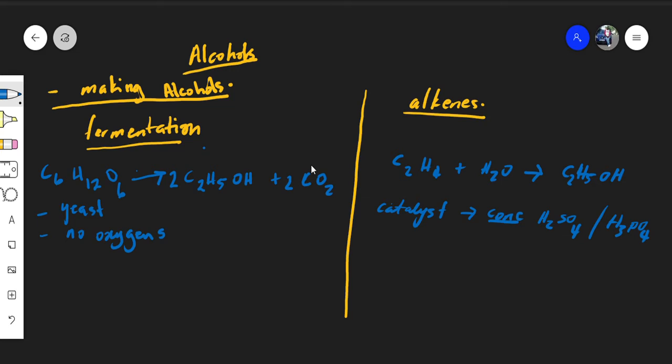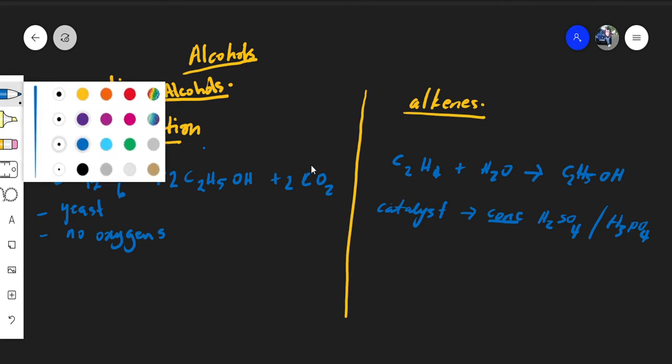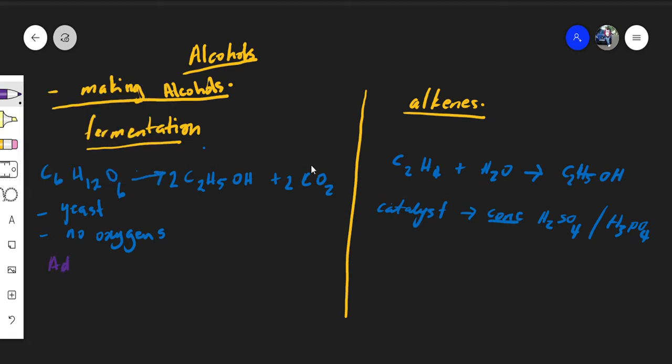Right. And obviously the next thing that we need to remember is to talk about the advantages and disadvantages, because they like talking about advantages and disadvantages. Obviously, we need to talk about advantages of this and obviously disadvantages.